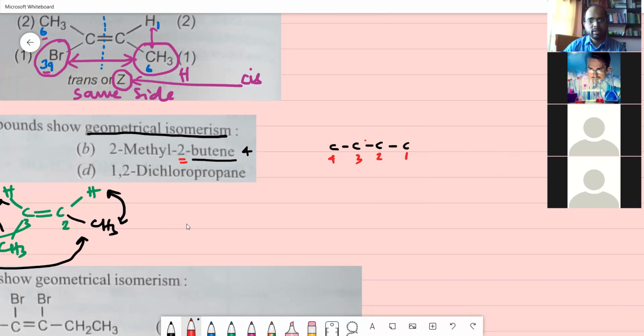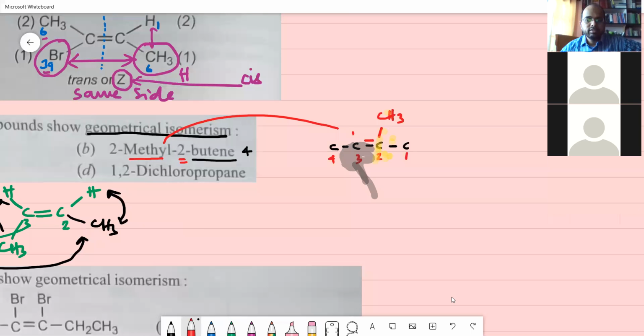The second atom is having one methyl group, so I am writing this methyl group here. The second atom has one methyl group there.